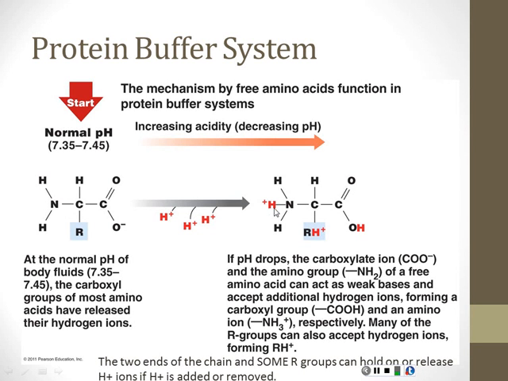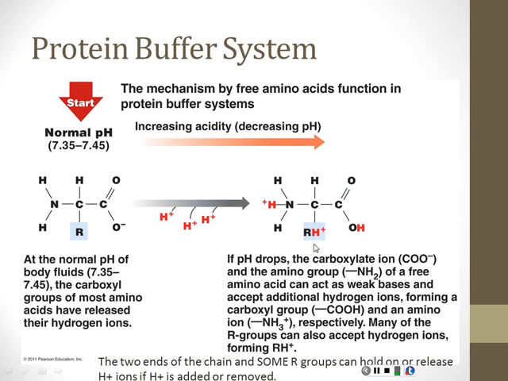So that's a buffered hydrogen. It's been taken out of solution. Another place we can put it is down here on this O minus. Anytime we have a negative, pluses are attracted to those anyway. So we can stick a hydrogen ion there. So that's 2 hydrogen ions for 1 amino acid.